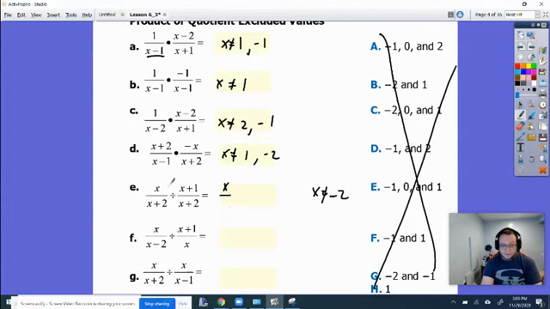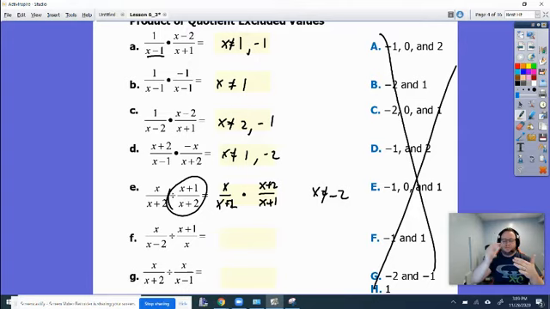But remember, this division really means that I'm going to keep, flip, and then change. So really, if I have division, both parts of the second rational are causing me problems, because once I flip it, now that x plus 1, instead of being on the top, is now on the bottom. It's now on that denominator. So now I've got an issue. So x cannot be -2 or -1 here.